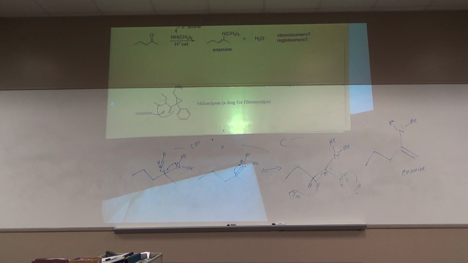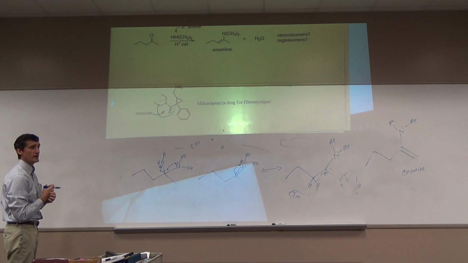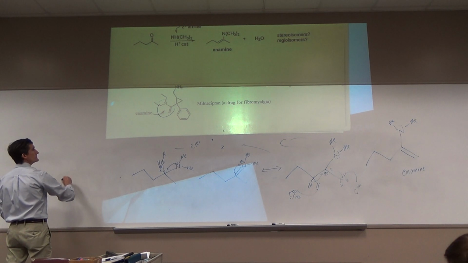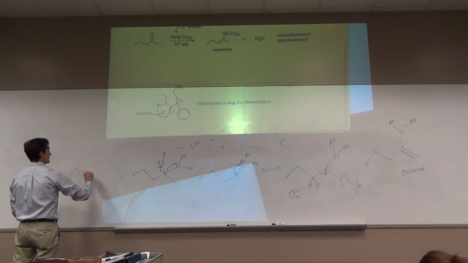So how would you synthesize that enamine functional group? You just start with an aldehyde and then you just do the same. How would you synthesize that? Start from an aldehyde. Wait, starting from what though? Aldehyde. Double bond.